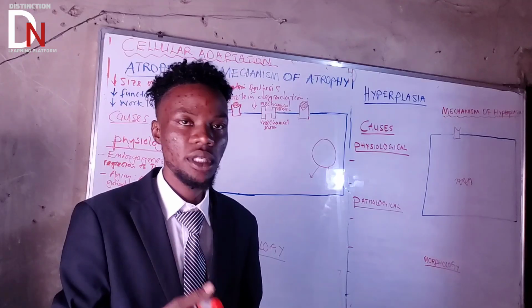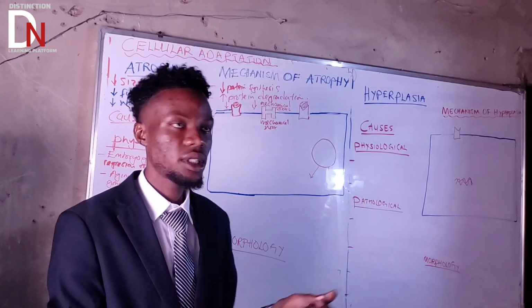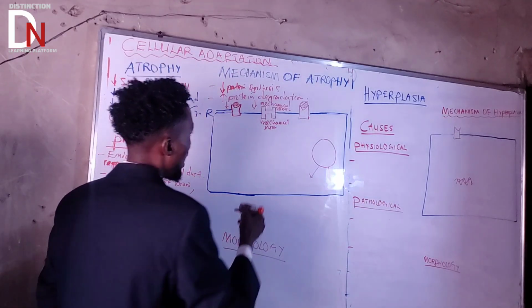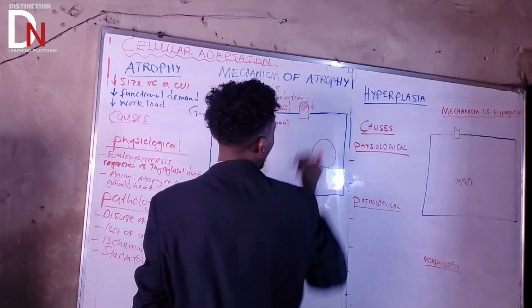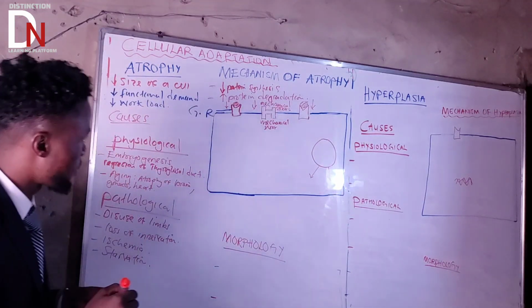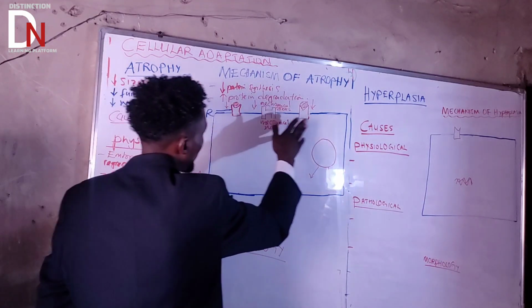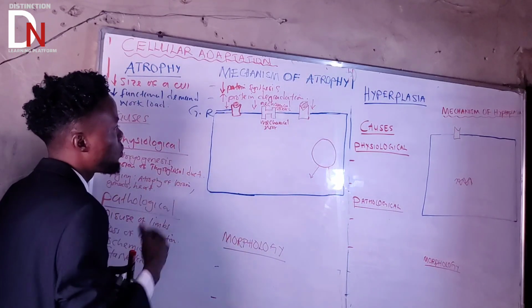There are a lot of substances that bind to that receptor. Again, you're not going to find those things here. There will be a reduction of those things. So regardless of the stimuli, everything is going to be reduced.